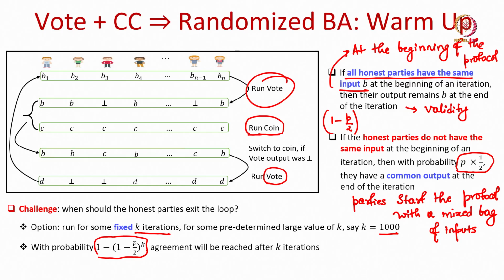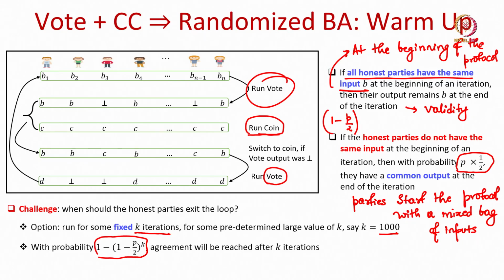How come we get this probability? As I said, if all the honest parties reach an iteration where they have the same input at the beginning of that iteration, then from that iteration onwards agreement will be maintained.